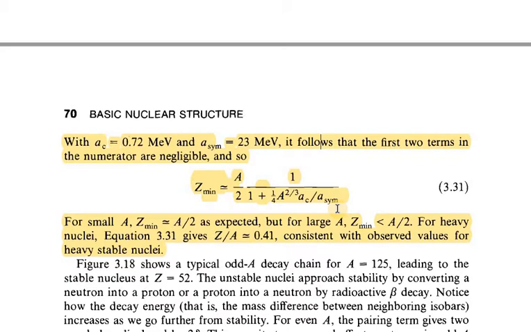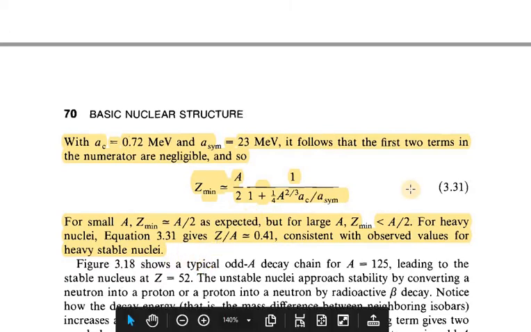For small A, we can neglect these terms and Z minimum is approximately equal to A/2. But for large A, Z minimum is less than A/2. For large A, it becomes large, then Z minimum becomes smaller.